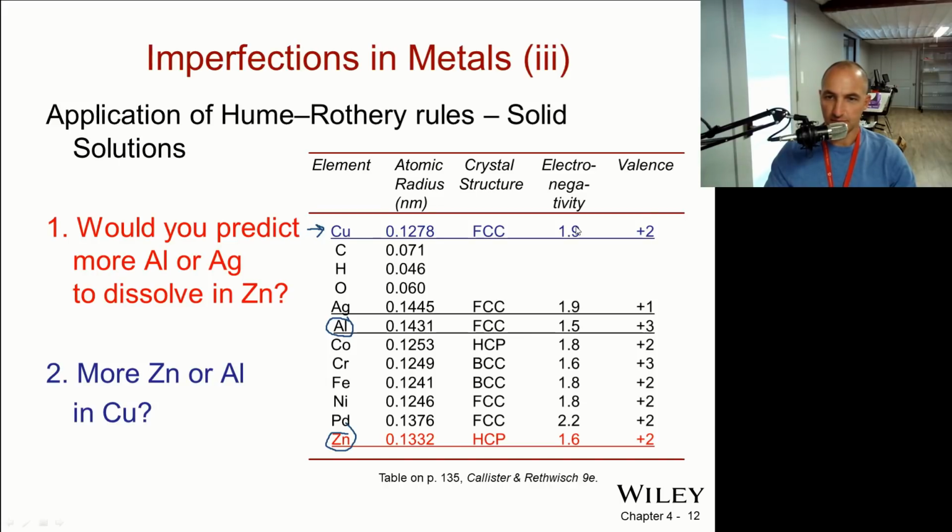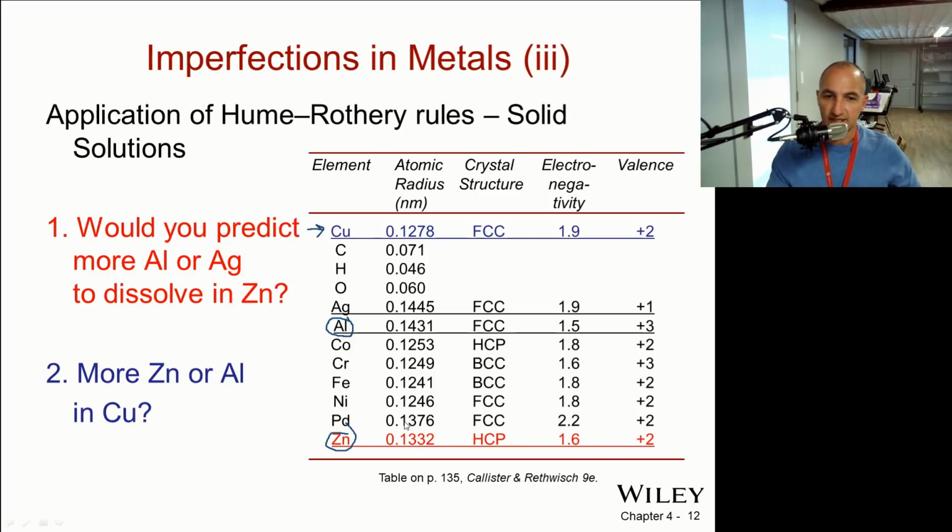The last of them is valence. They both have the same valence. So there's no preference when it comes to valence, and there's a preference for zinc when it comes to electronegativity and atomic radiuses.